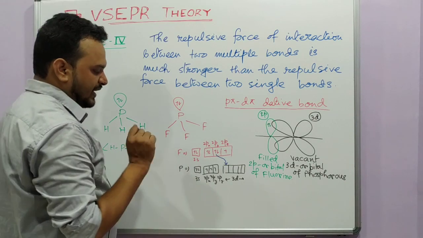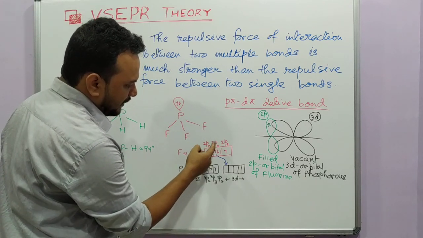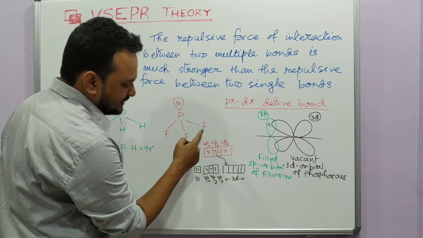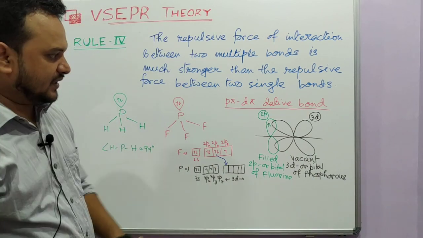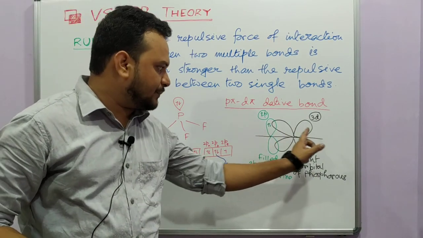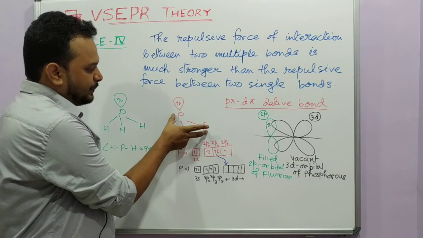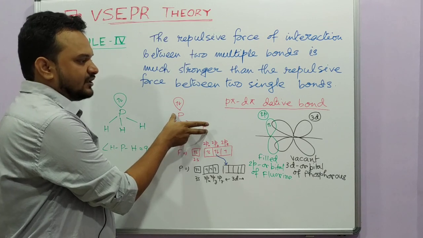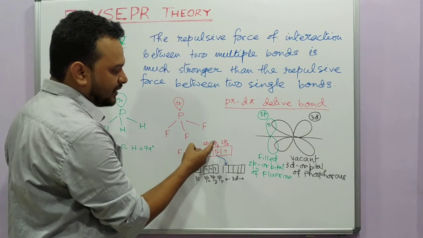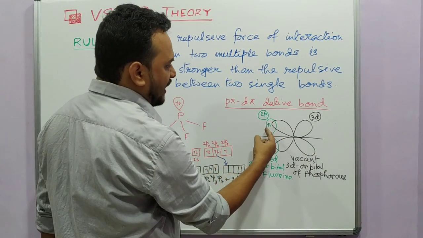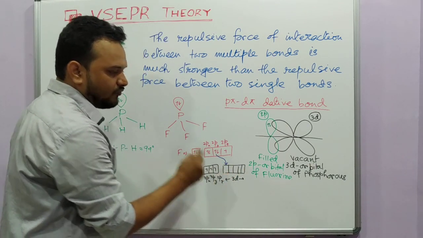Now what happens next, in one of the 2p orbitals, this pair of electrons can be donated to a vacant 3d orbital of phosphorus. In this way this type of overlap can happen. As soon as the sigma bond, single bond is formed, this P and F atoms are so close to each other that the 2p orbital of fluorine containing a pair of electrons can undergo parallel or lateral overlap with the vacant 3d orbital of phosphorus.